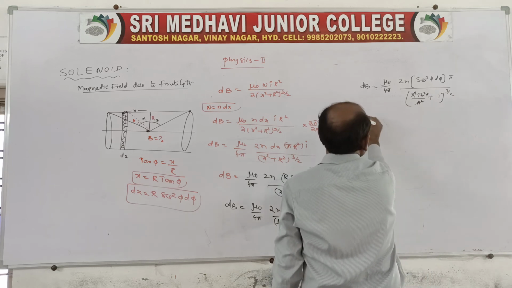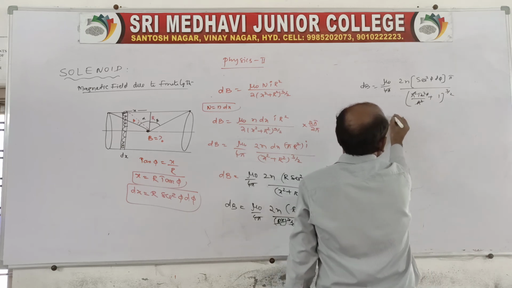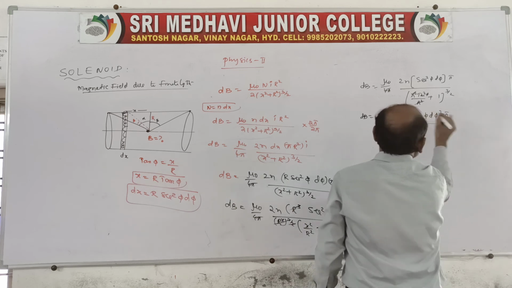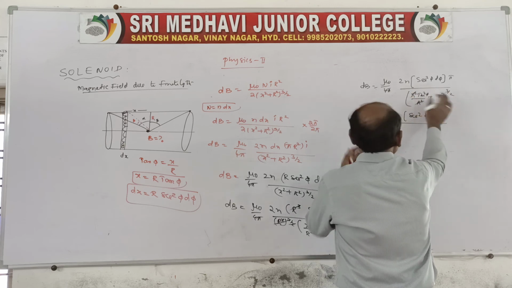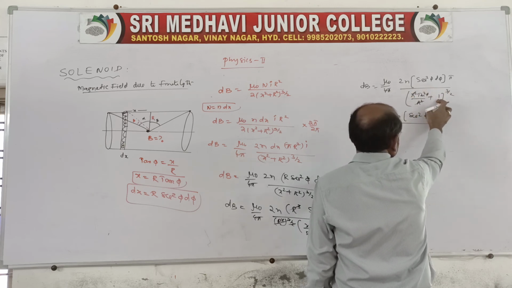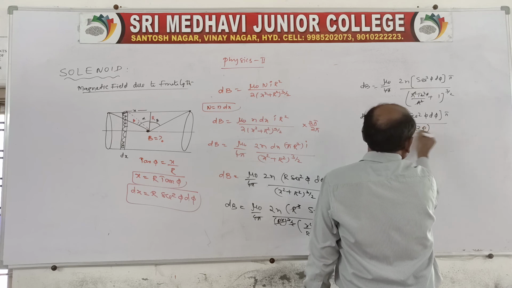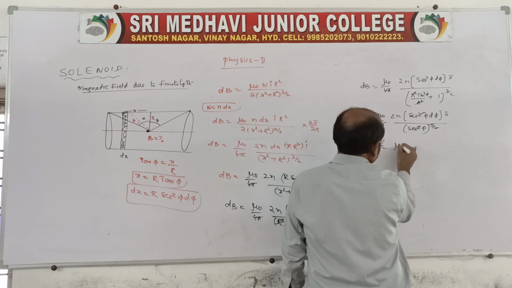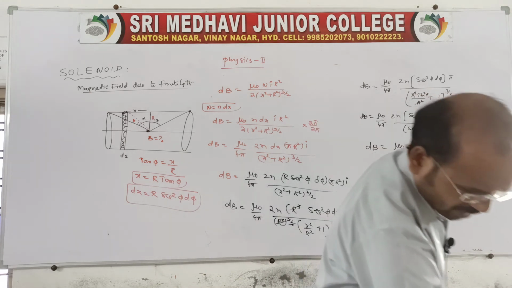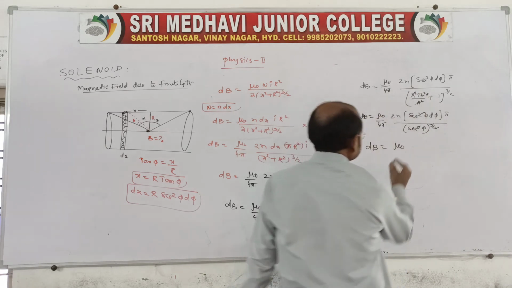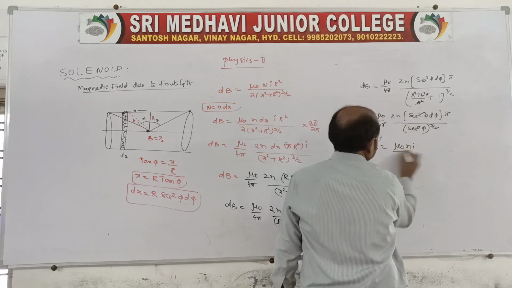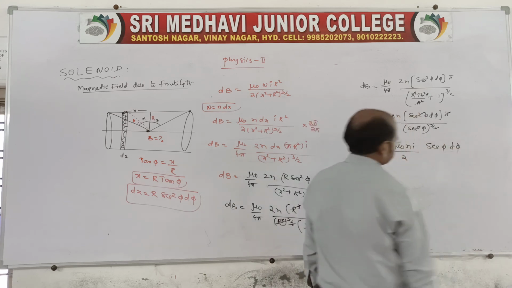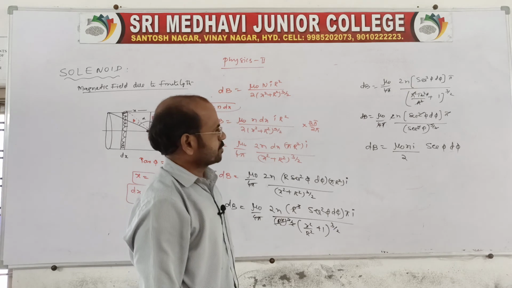Then tan square phi plus 1 gives secant square phi whole power 3 by 2. So better you cancel, the 3 also cancels. Then finally the final expression I am giving: mu naught n I, the pi is cancelled by 2, because 2 ones are 2 twos. So we'll get mu naught n I by 2 into secant phi d phi.